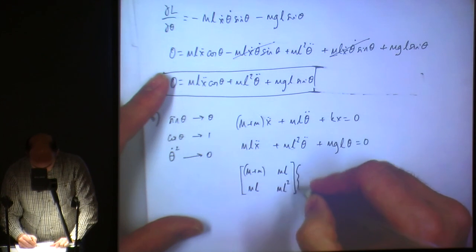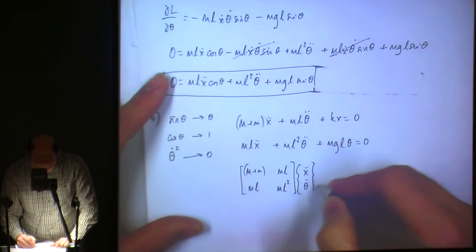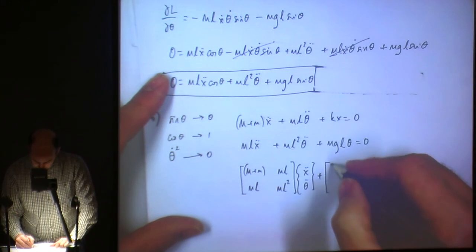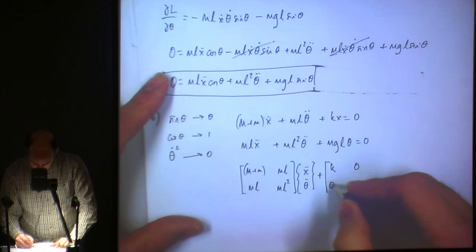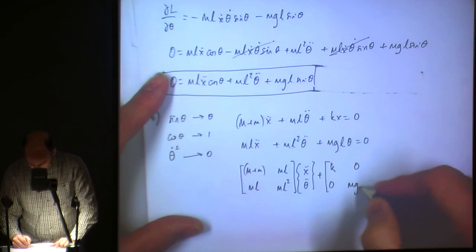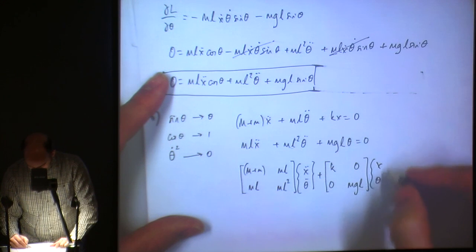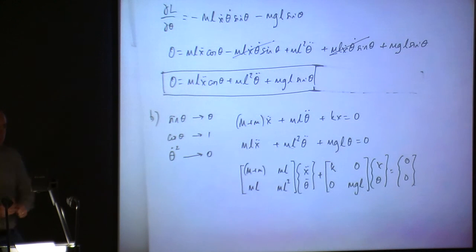So there's my mass matrix, times x double dot, theta double dot, plus my stiffness matrix where I've got k times x, 0 times theta, and here I've got 0 times x, and mgl times theta. Job done. So it becomes a linear system that you can write in matrix form.